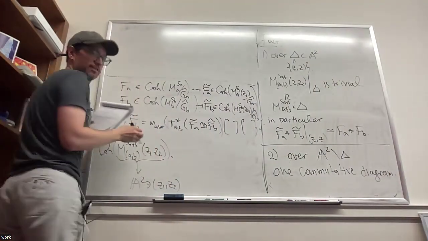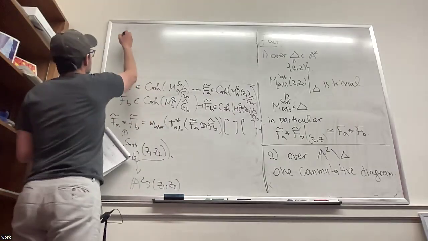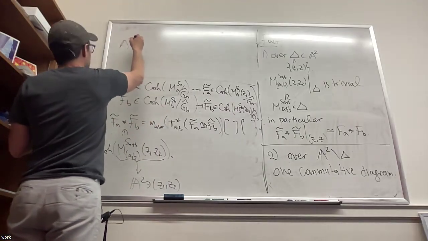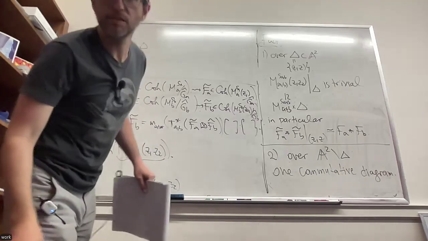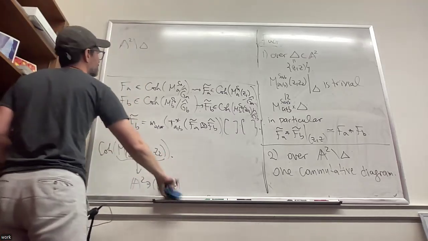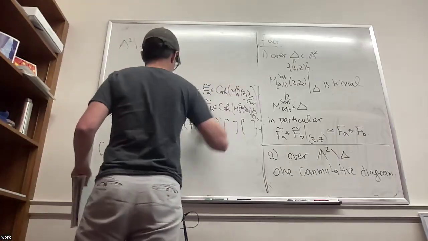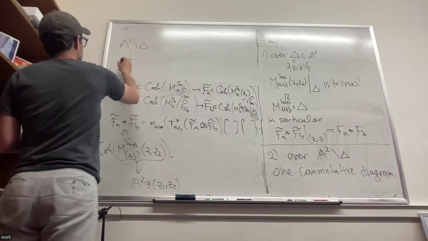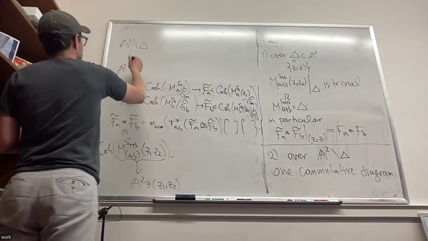So let's see, how can we go? One has A2 minus delta. Let me just write it down. Now I'll explain it.